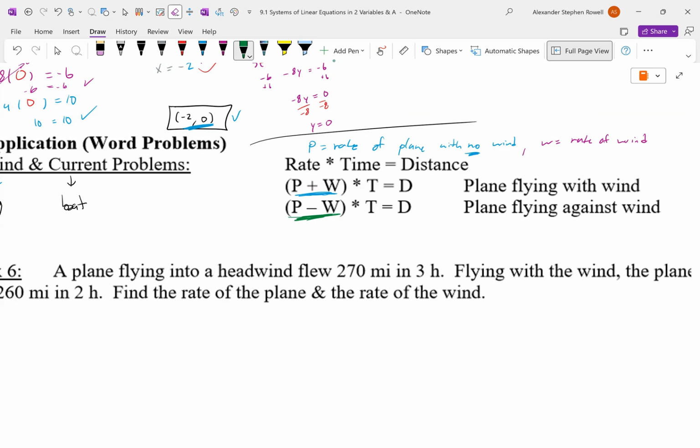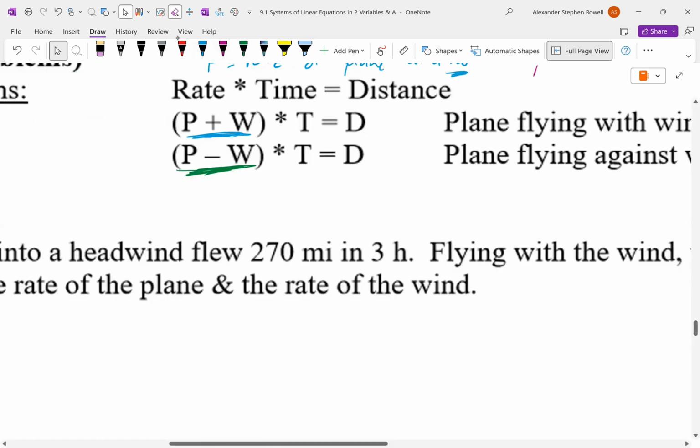And we multiply by time to get distance. Actually, the most convenient form of this equation is when you divide by time. P plus W is equal to D over T, and P minus W is equal to D over T. Because these are already set up for elimination, we can just add them together and we're done.